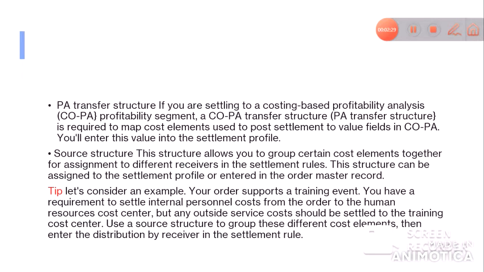Use a source structure to group these different cost elements, then enter the distribution by receiver in the settlement rule. For the other structures like PA transfer, if we are settling to a costing-based profitability segment, we use the COPA transfer structure.